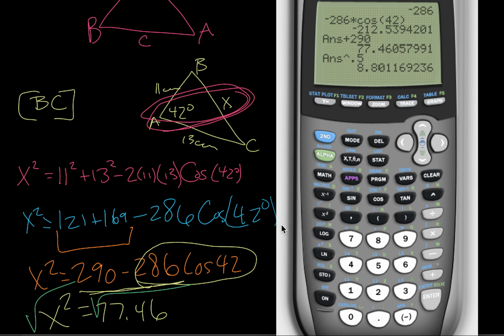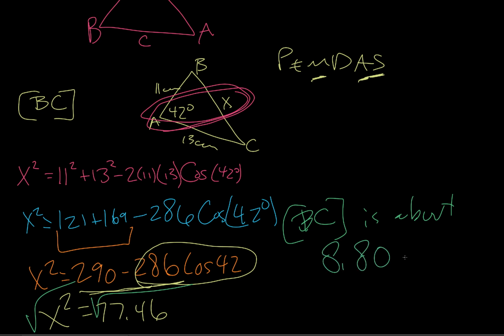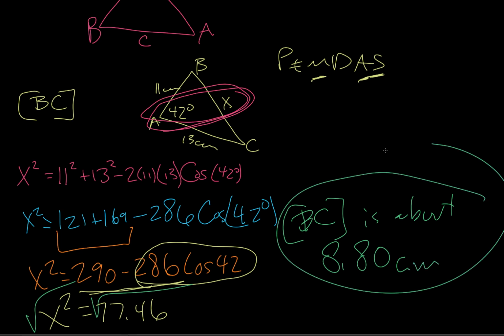To 2 decimal places. And so we're going to say 8.80. So BC is about 8.80 centimeters. Okay, so that's our answer on example 3.